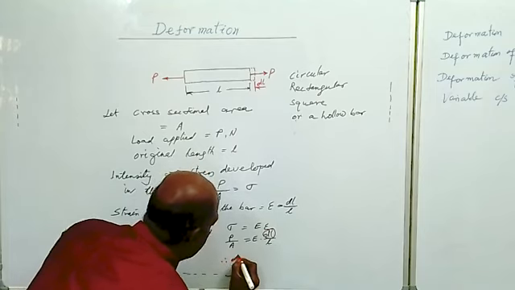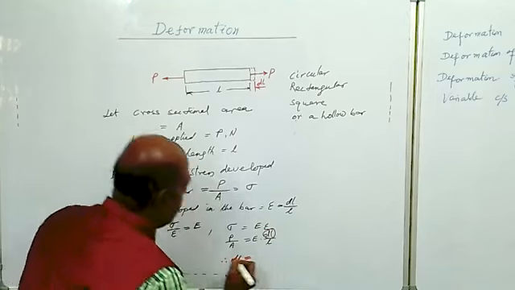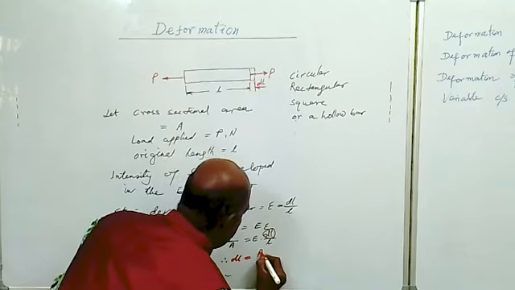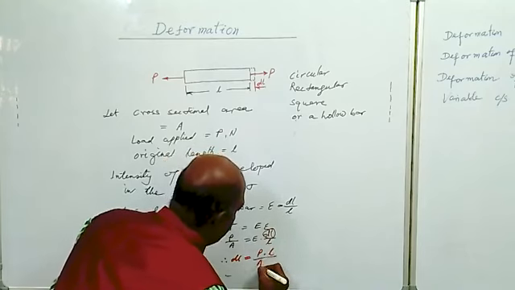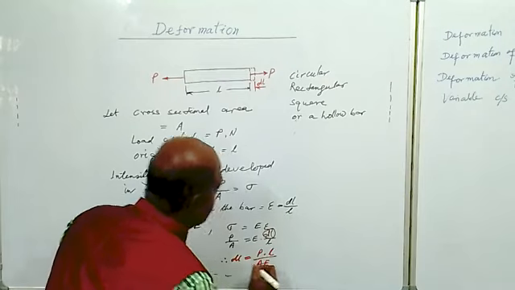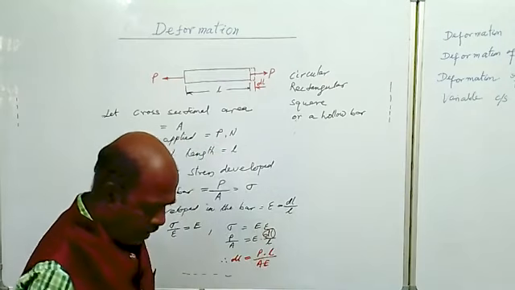Therefore dl is given by P into L divided by A into E. So we have got this formula of deformation.